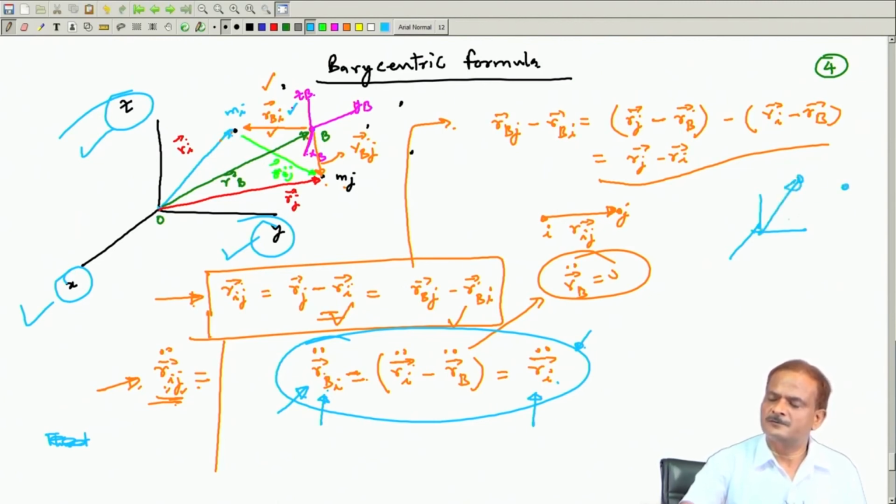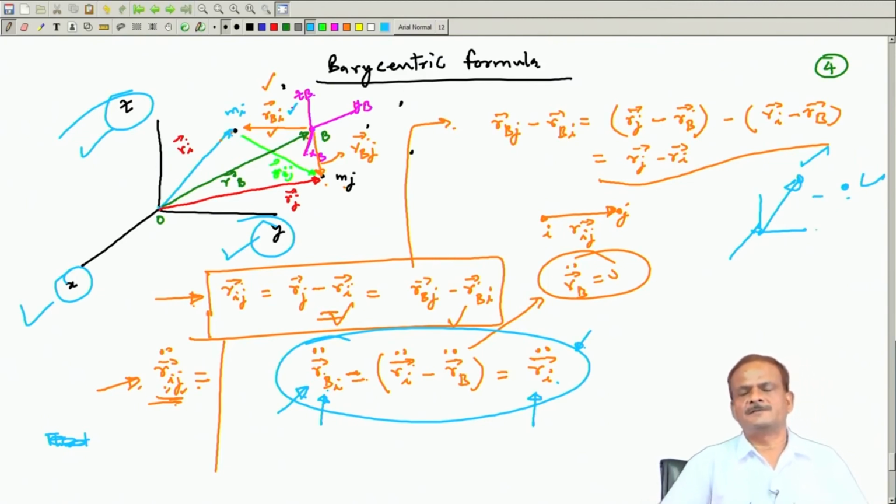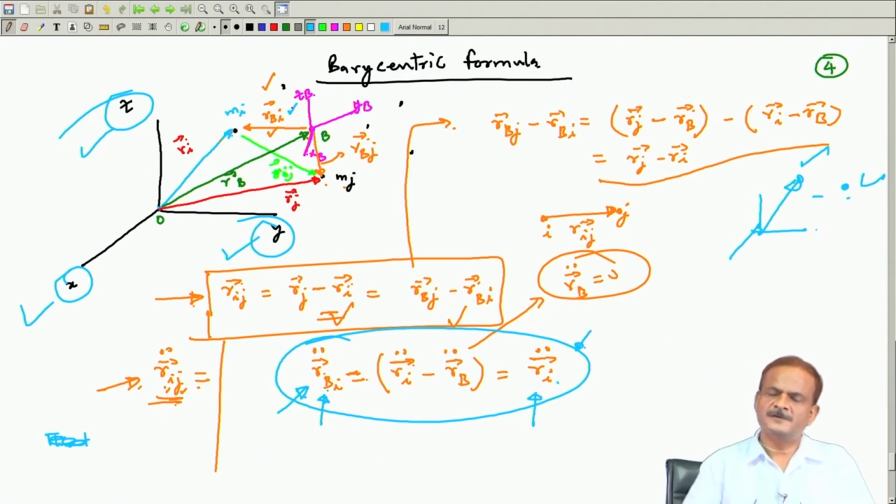I have written the equation of motion for this particle and then for this particle, and then subtracted to get the equation of motion of one with respect to the other. So, there is no problem in that, and again I repeat that this is valid, or either you do it with respect to the barycenter, that is also valid. This one is much easier to comprehend, much easier to write.